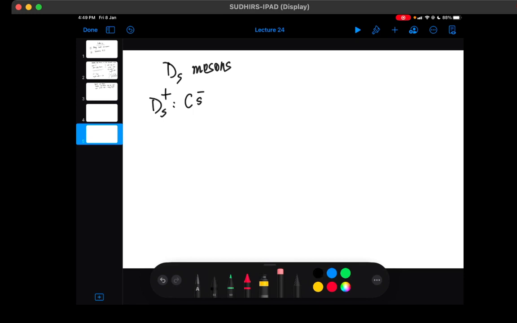Okay, and D minus is essentially c-bar s.